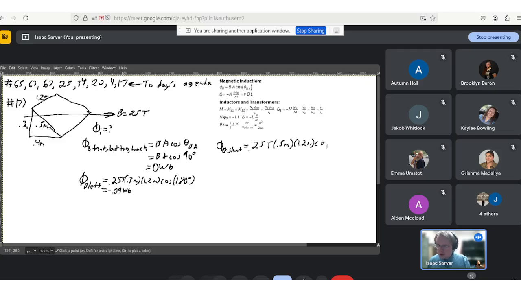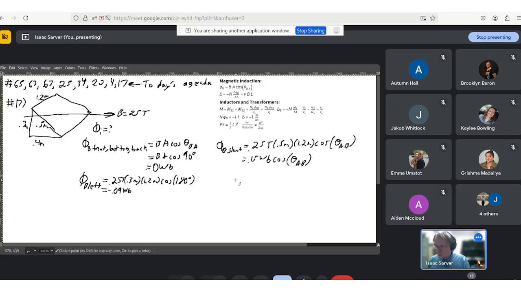And then we have cosine of an angle between A and B. All right, 0.25 by 0.5 by 1.2. Yeah, okay, 0.15. 0.15 Weber. That's not the abbreviation, Weber. Cosine theta between A and B. Okay.